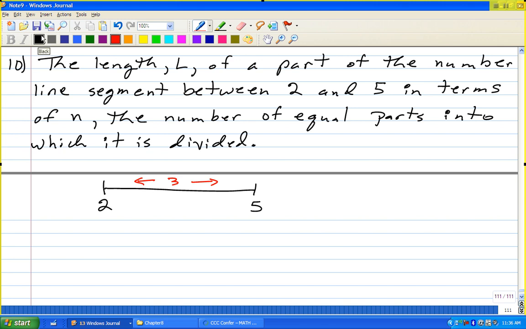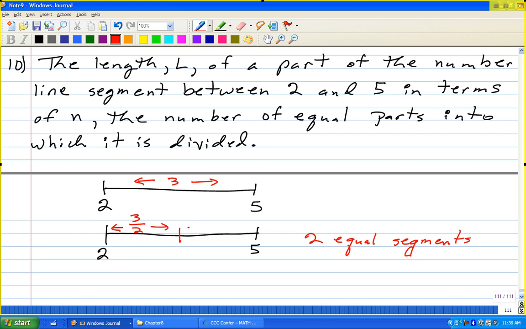So if I divided it into, I don't know, let's say two equal segments, then each of these would have a length of 3/2. If you added 3/2 plus 3/2, you'd get 3.